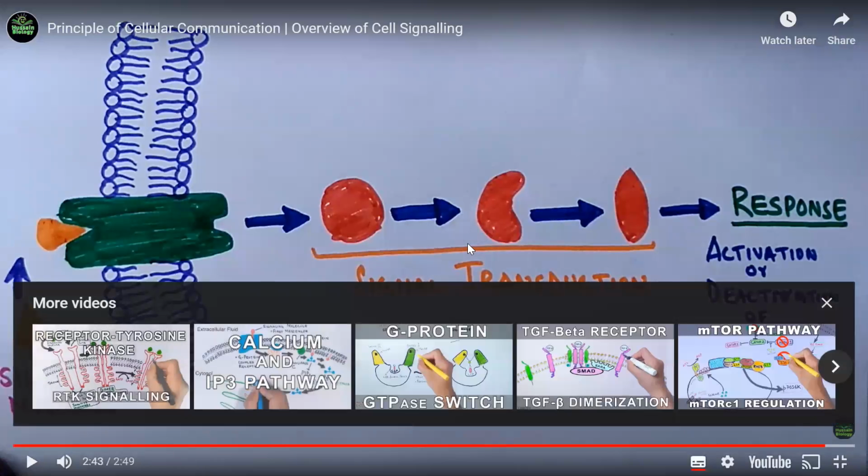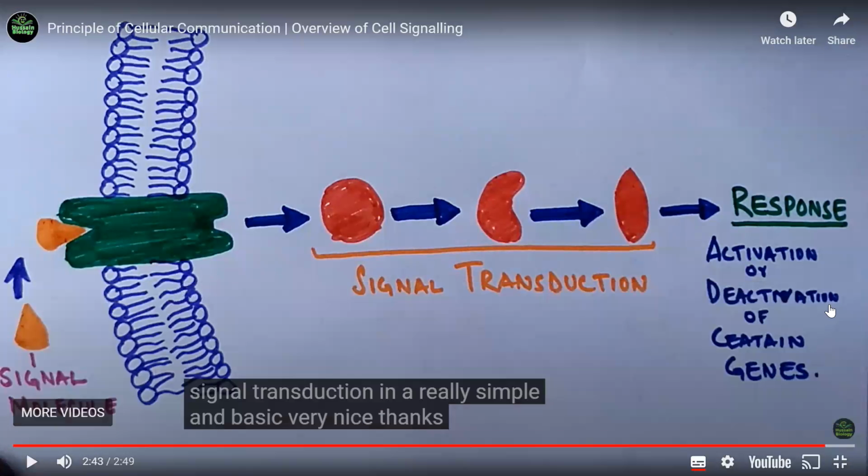Okay, so maybe this is the place where you find it very vague. What is he actually telling? What he's telling is signals from outside the cell to inside are actually transferred in the form of phosphorylation, meaning once the signal binds with the receptor, on the other face of the receptor a phosphorylation happens.